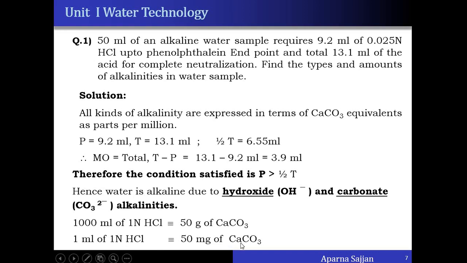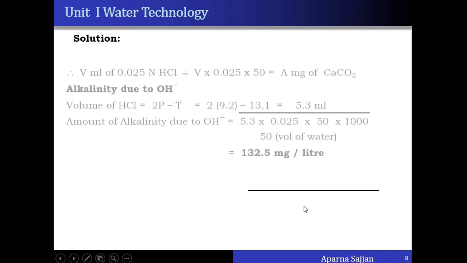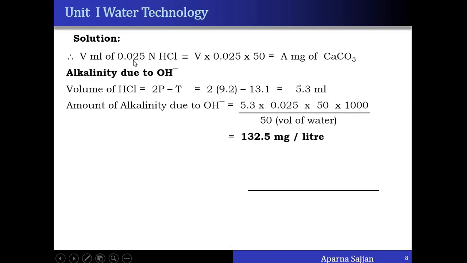For 1 ml of acid, 50 milligrams of CaCO3. So V ml of this normal acid is equivalent to V into 0.025 into 50, which is equal to A milligrams of CaCO3. Now let us calculate the individual alkalinities.